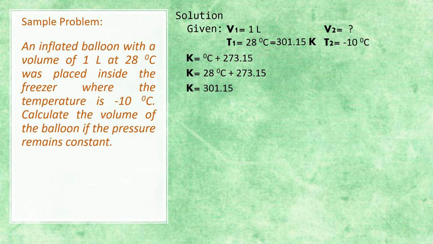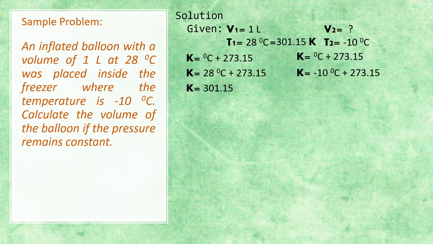Next, kailangan pa rin natin i-convert ang ating final temperature. Again, just write the formula and then substitute the given, which is negative 10 degrees Celsius. Naka-negative ang ating final temperature.